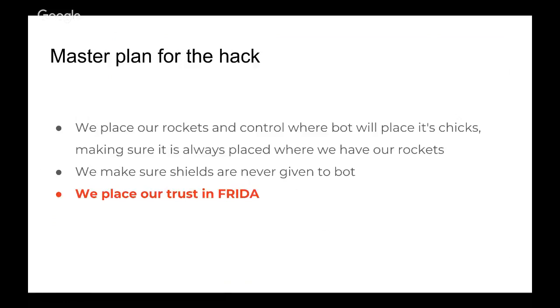So we decided that, okay, we know where we are putting our rockets. Irrespective of wherever the bot has generated the random number to put the chicken, we are going to change that and make it place the chicken in the same location where we have placed our rockets, to get it blasted. We have made sure that the shields are never given out, and of course we place our trust in Frida for all of this to function and work properly.